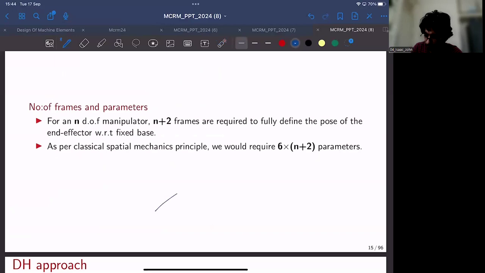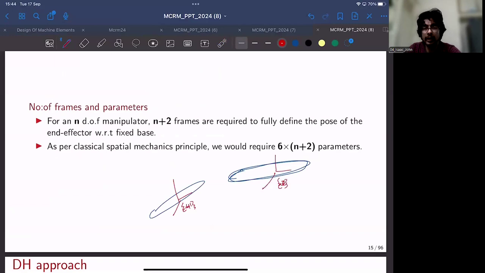Because if you consider two rigid bodies isolated in space like this, and if you represent these rigid bodies with respect to frames of reference, maybe this is frame 1 and this is frame 2, you would require 6 parameters to define frame 2 with respect to frame 1, right? 3 positions and 3 orientations.